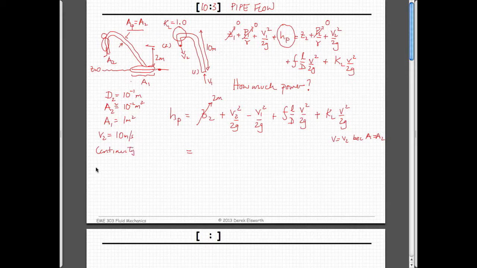It gives us velocity 1 times A1 equals velocity 2 times A2. This is just by looking at this. And so we have this pesky little velocity here that we'd like to convert into V2. So we can write that as velocity 1 equal to velocity 2 times A2 over A1.